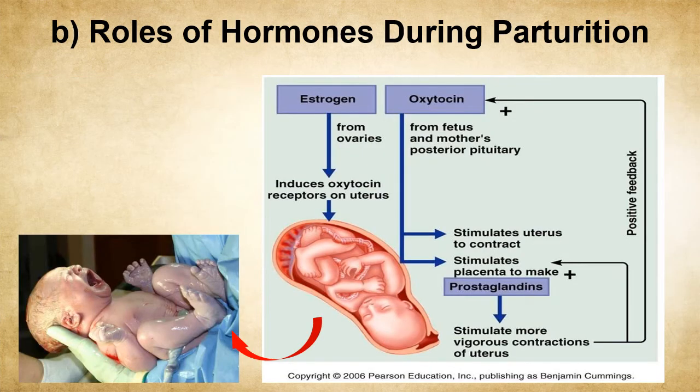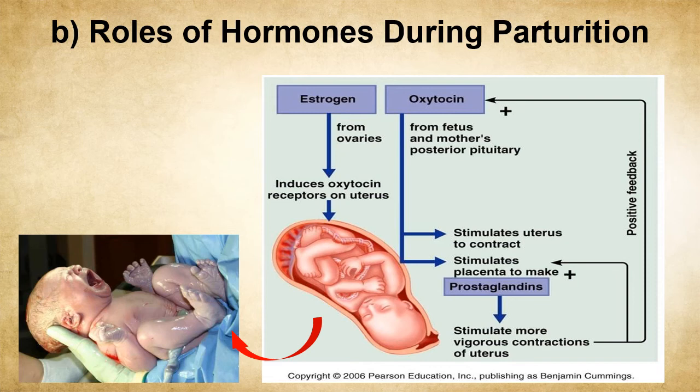Now we're going to look at this diagram here. Firstly, during the last weeks of pregnancy, estrogen concentration increases. Therefore, estrogen will trigger the formation of oxytocin receptors on the uterus, on the myometrium. Therefore, the uterus will be more sensitive to oxytocin.